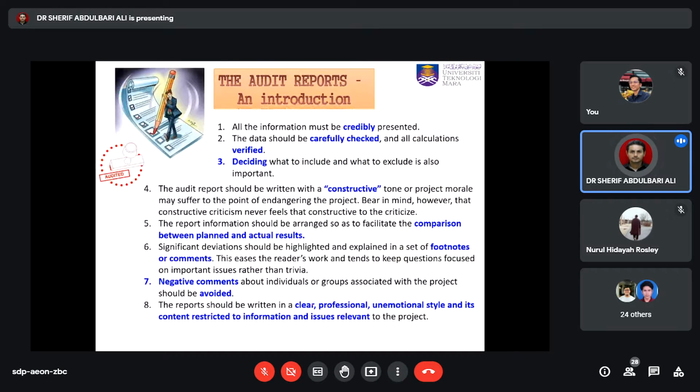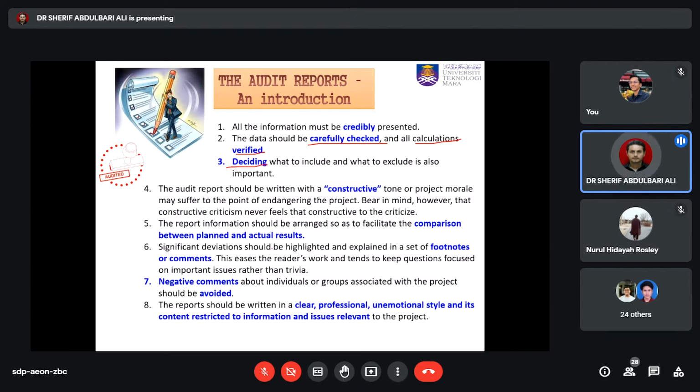The specific format: the data should be carefully checked and all the calculations verified. Okay. So all the calculations verified. Deciding what to include and what to exclude is also important. The audit report should be written with a constructive tone, so that it's easy for people to read.